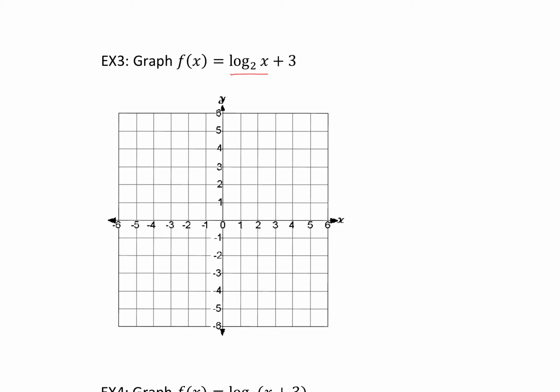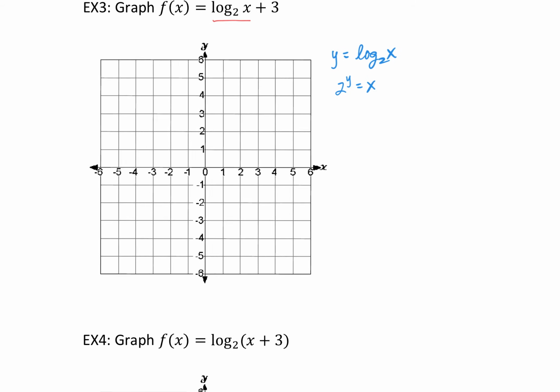So the first thing I want to do is graph that parent function, and that would be y equal to log base 2 of x, which we graphed before. Remember, the strategy here is to switch it to its exponential form, which would be 2 to the y equal to x, and then get some points by putting in values for y.